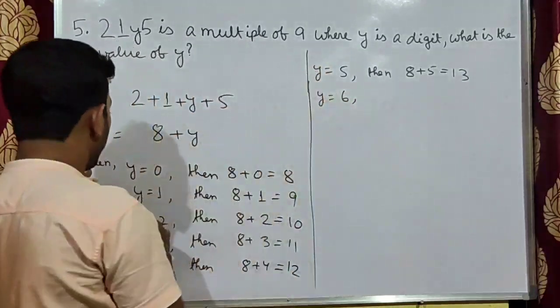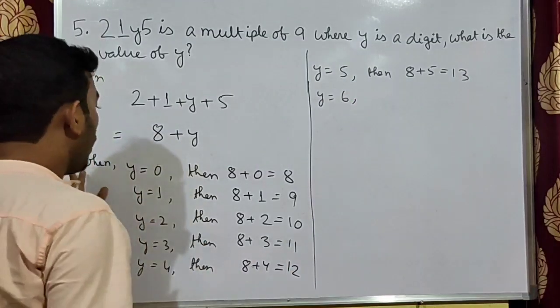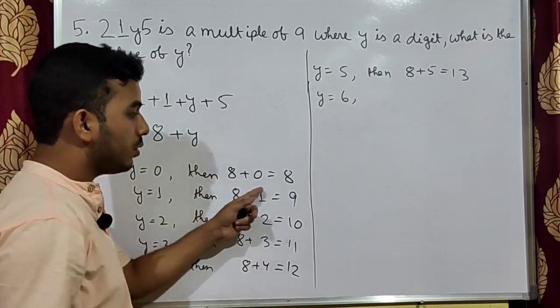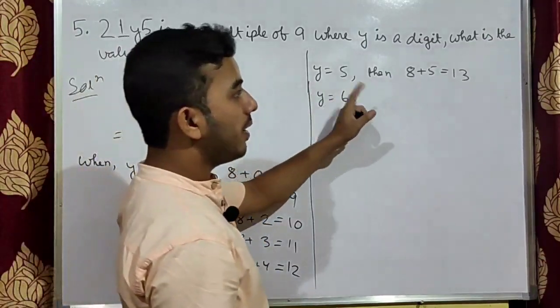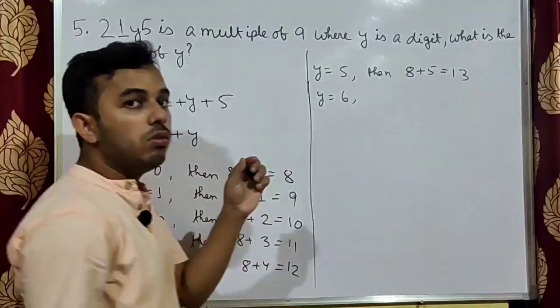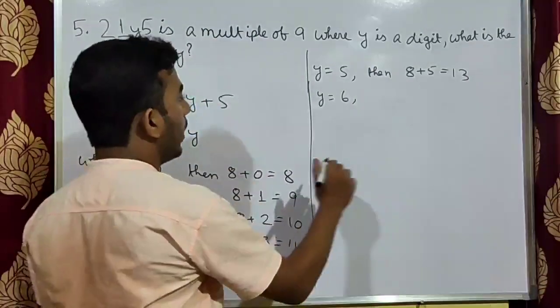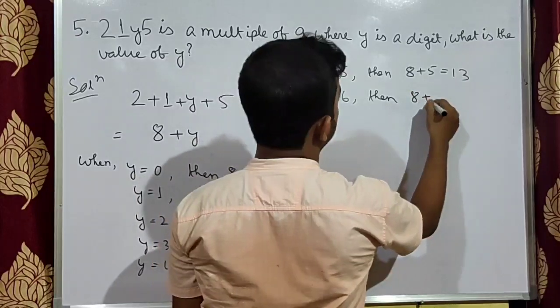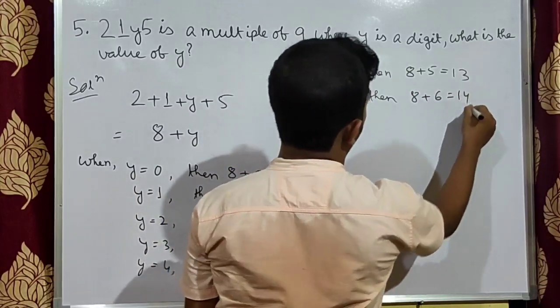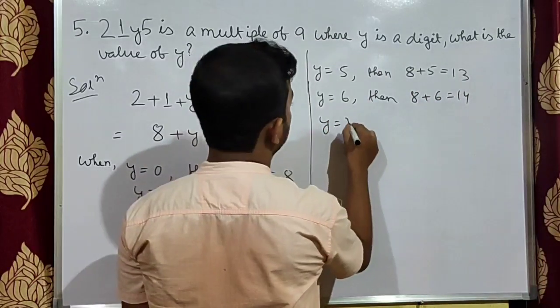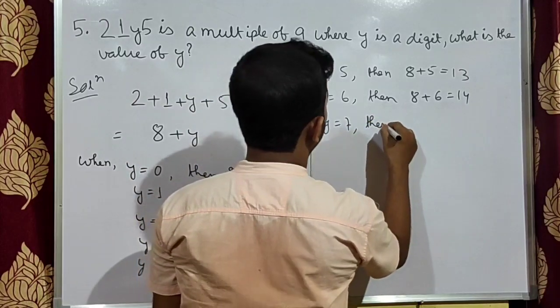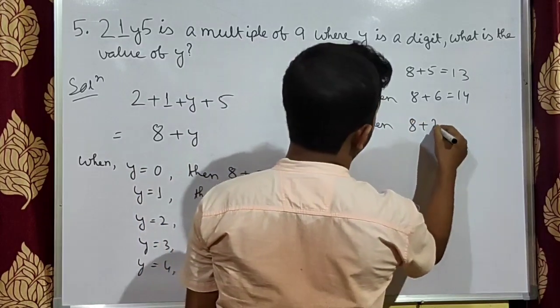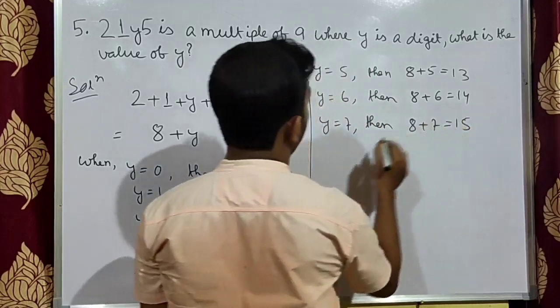We will write it like this each time, right? So when y equals 6, then 8 plus 6 equals 14. When y equals 7, then 8 plus 7 equals 15.